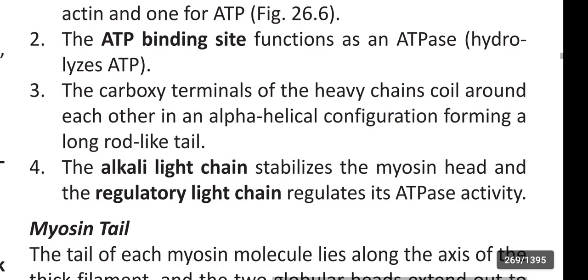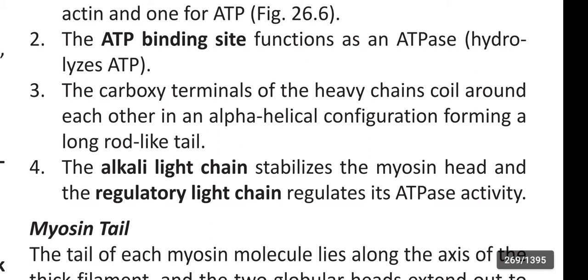Next, the carboxy terminals of the heavy chains coil around each other in an alpha helical configuration, forming a long rod-like tail.